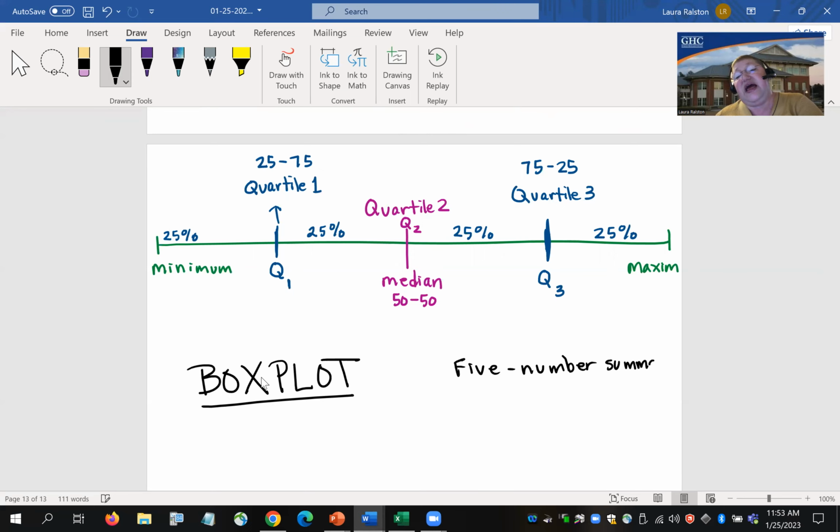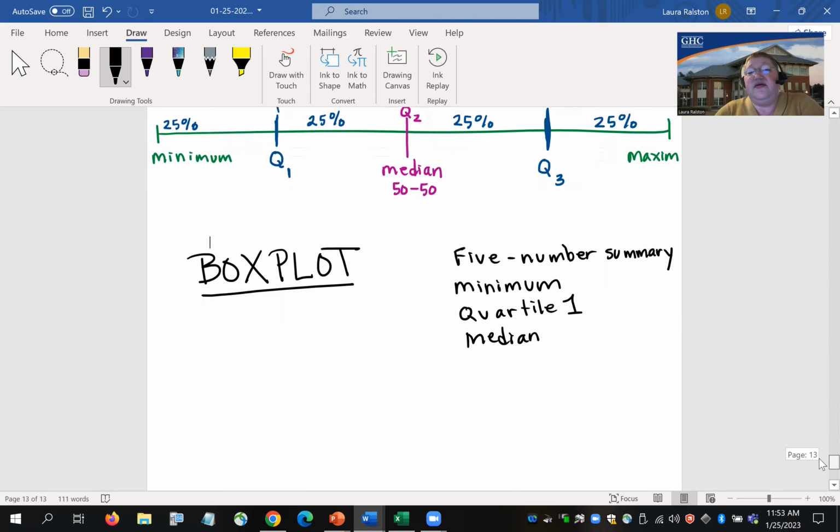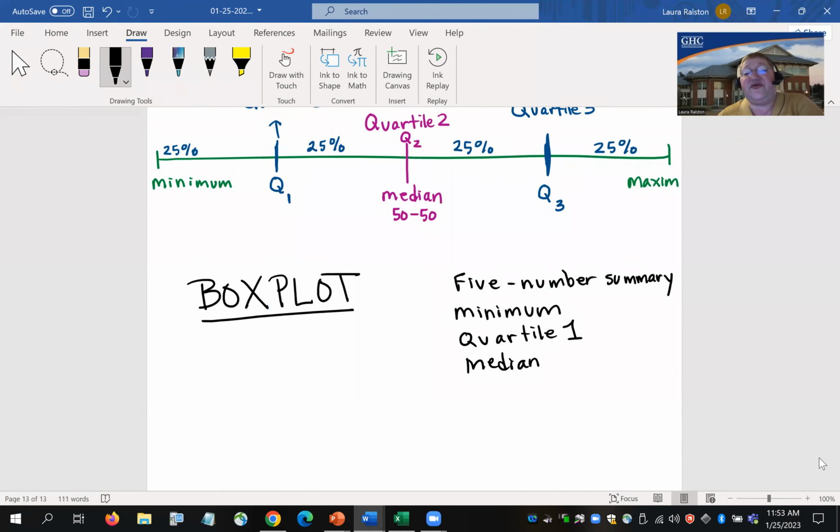It displays in a visual way the minimum, quartile 1, the median, quartile 3, and the maximum.